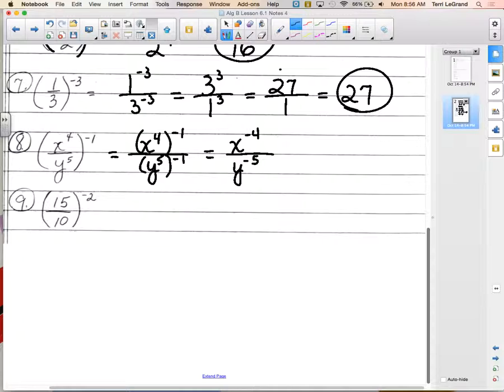Are we done? Is this simplified yet? No, because we have negative exponents. So we're going to apply that shortcut that says if we have negative powers within a fraction, have the negative powers move to the other floor and become positive. So the x to the negative 4 will move downstairs and become positive.